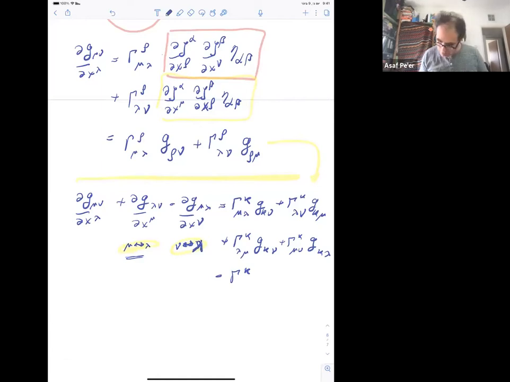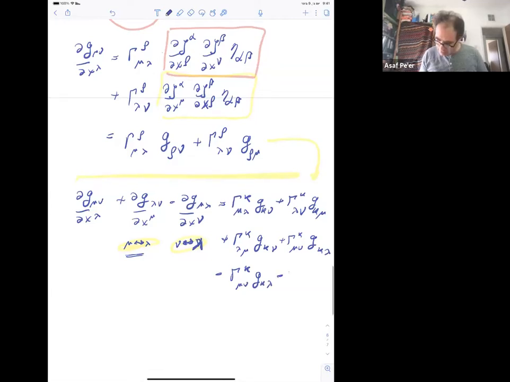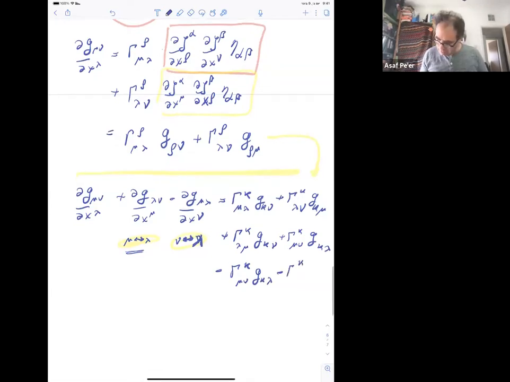So it will be a mu g kappa lambda minus gamma kappa lambda mu g kappa mu. The only thing that you can get confused by here is all these indices. But the math is straightforward, you just have to do it slowly.